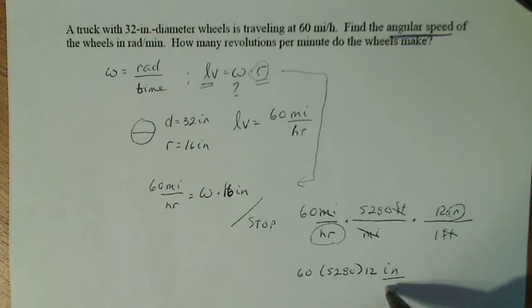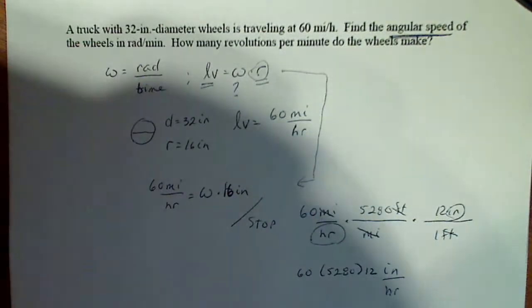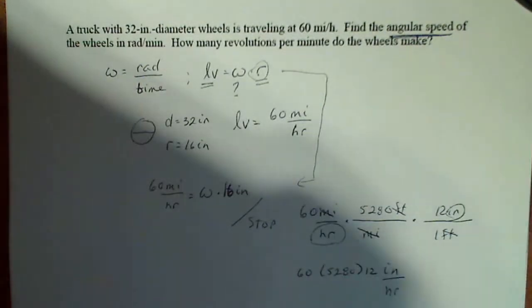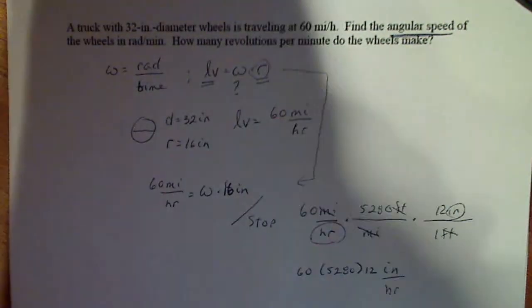Now let me get my calculator out and see what that number turns out to be. Where is my calculator? I don't see it. Are you on my calculator? Well, oh, there it is. Sorry, guys.